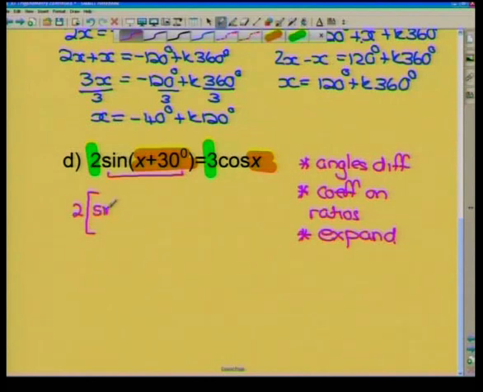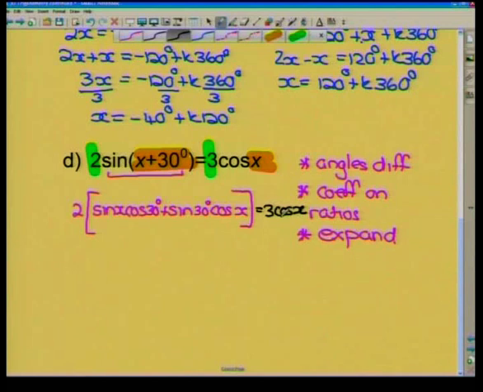This is going to be sine cos. Let's just tidy that up a little bit. Cos. Remember, this is x, and this is 30 degrees. This is 30 degrees, and this is x. And the sign will be the same. It will be a plus, and that is equal to 3 cos x.